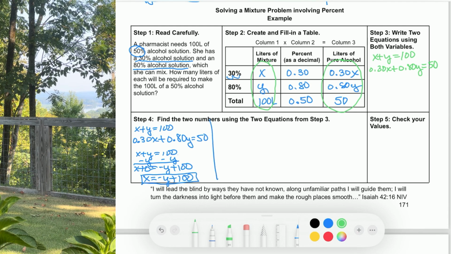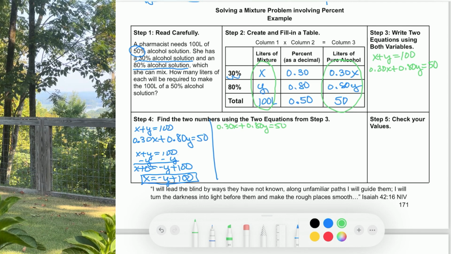All right, I'm going to take my second equation that I found, rewrite it. One thing that I noticed is the 0.30. I can actually simplify that down to just 0.3. The 0 is not necessary at the end there. I can do the same thing to the 0.80.